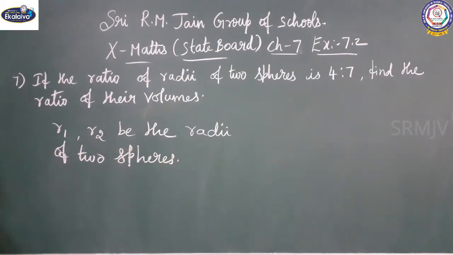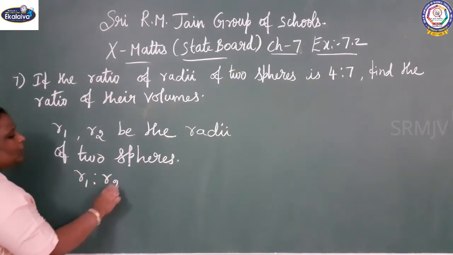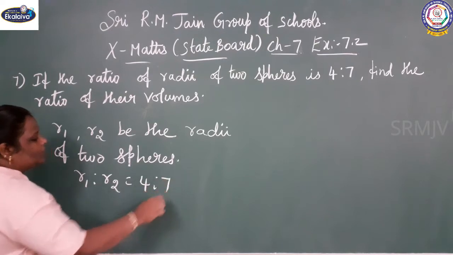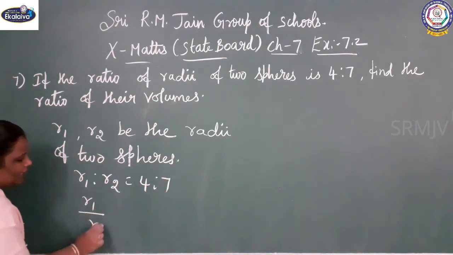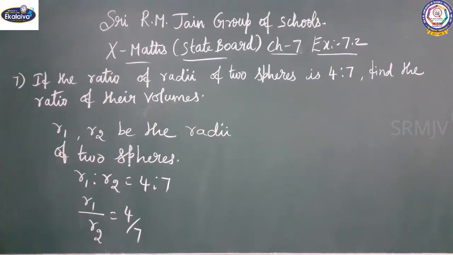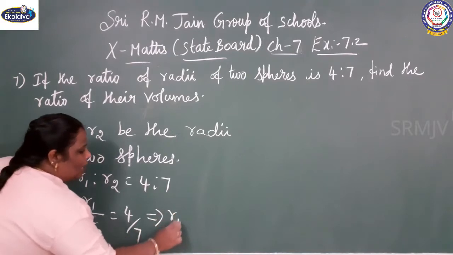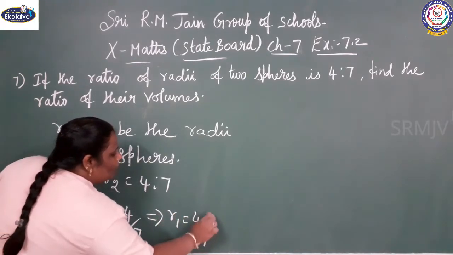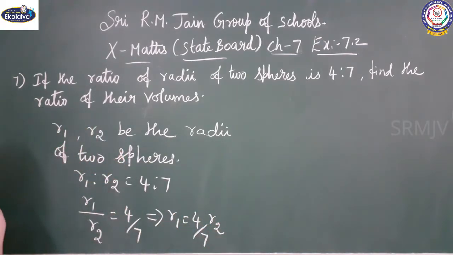The ratio is given as 4:7, so R1 is to R2 equal to 4:7. Written as a fraction, R1 by R2 equal to 4/7. From that, R1 equal to 4/7 R2.